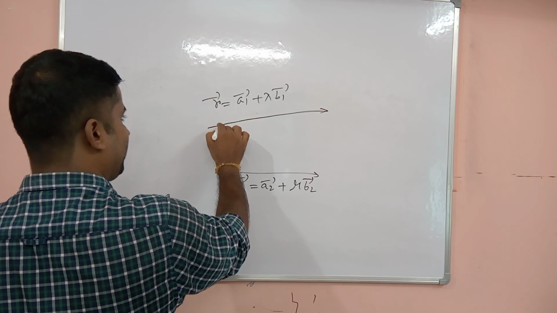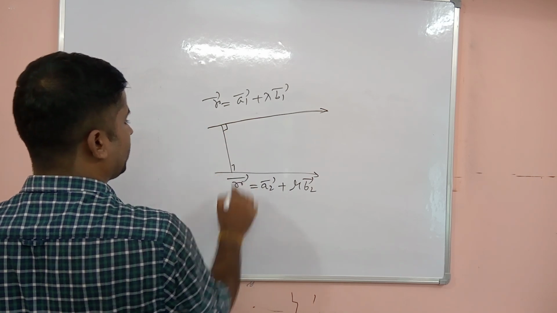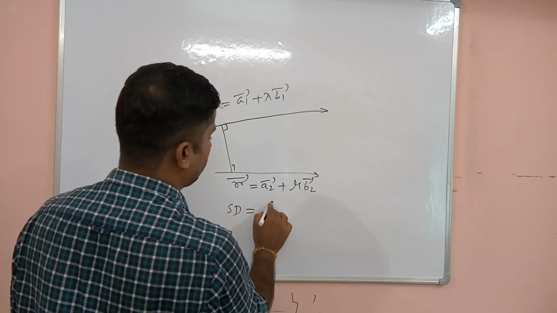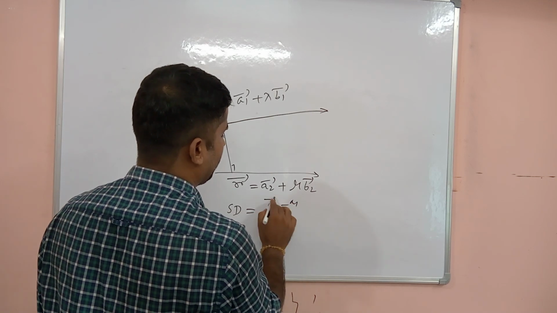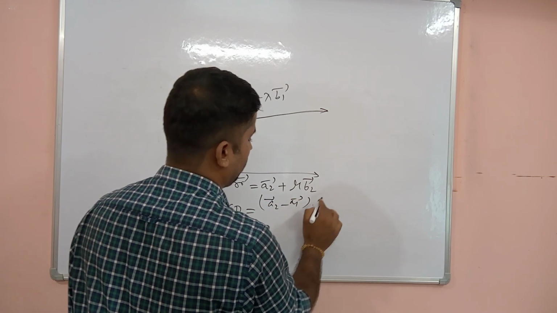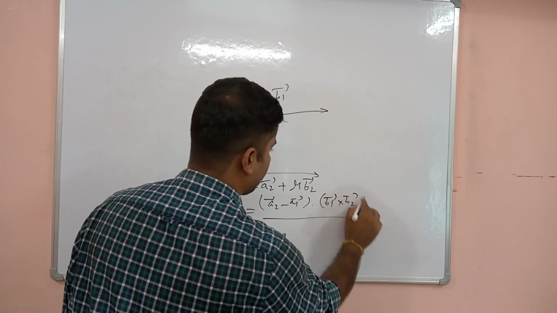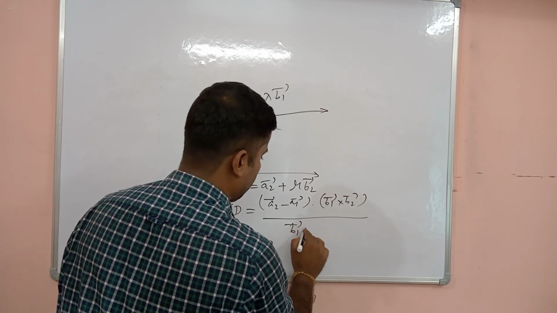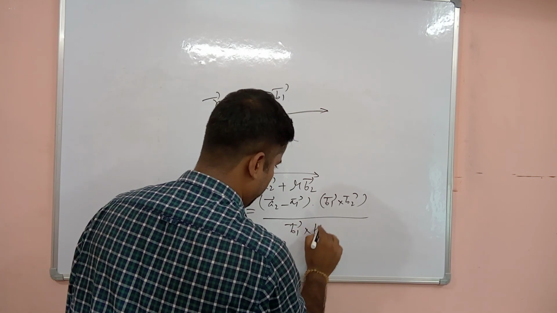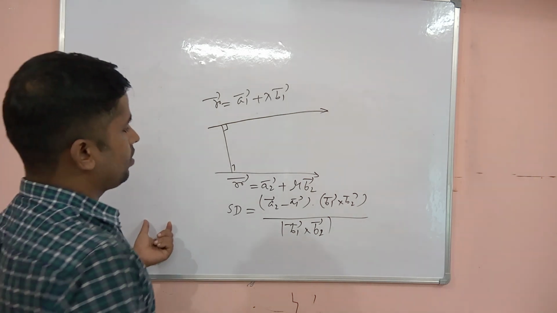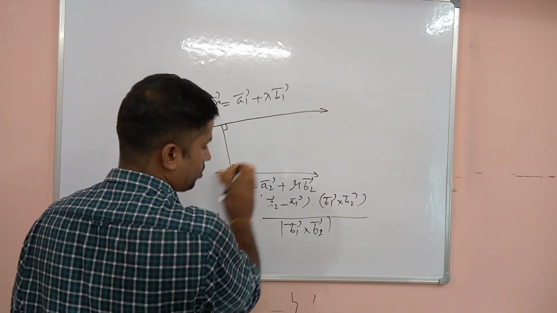Okay, then the shortest distance between them would be SD is equal to a2 minus a1 dot b1 cross b2 divided by b1 cross b2, but it will be under mod. Okay, so I hope you all understood.